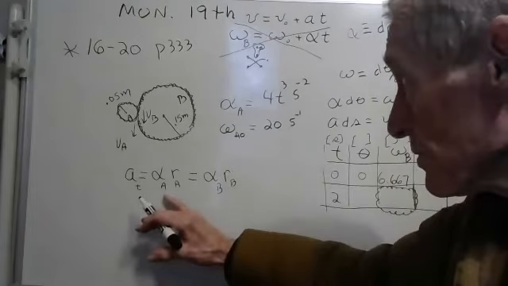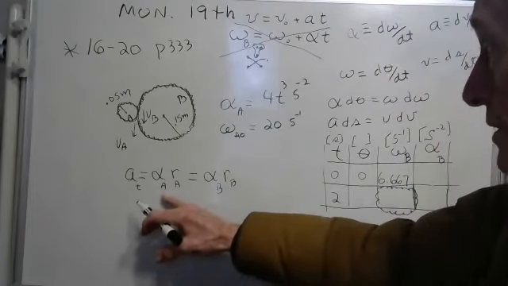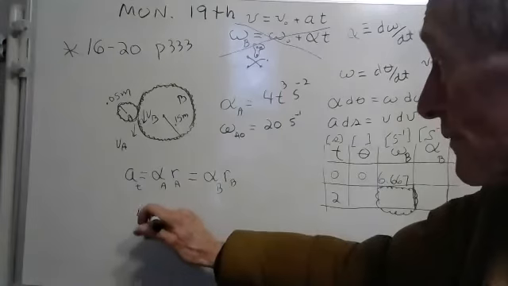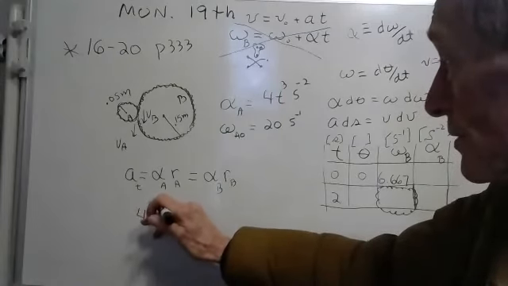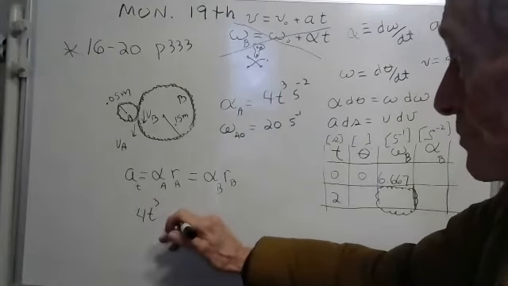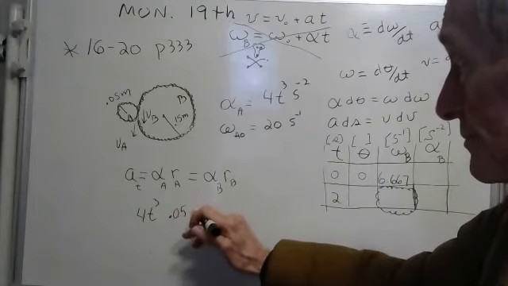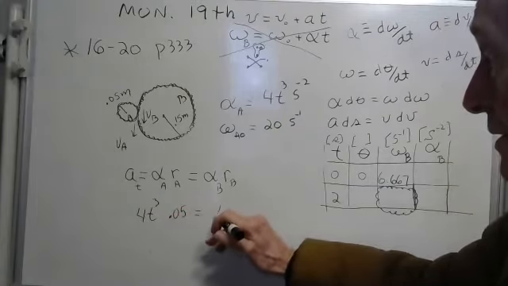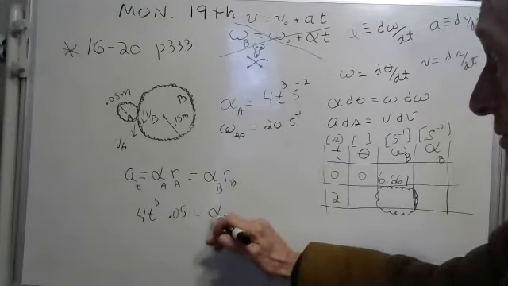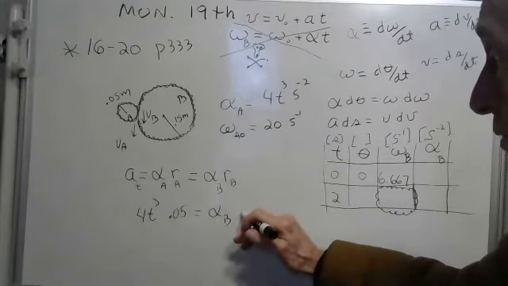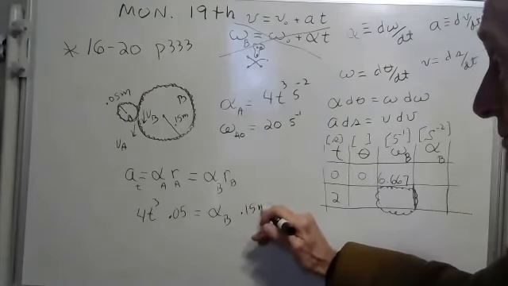So now let's put this in. We know what this is. It's 4t cubed, and this is 0.05 meters. And now we're going to get the acceleration of B, and this is 0.15 meters.